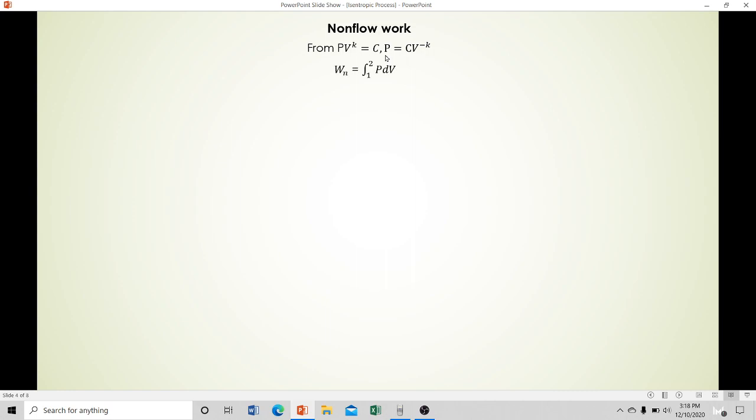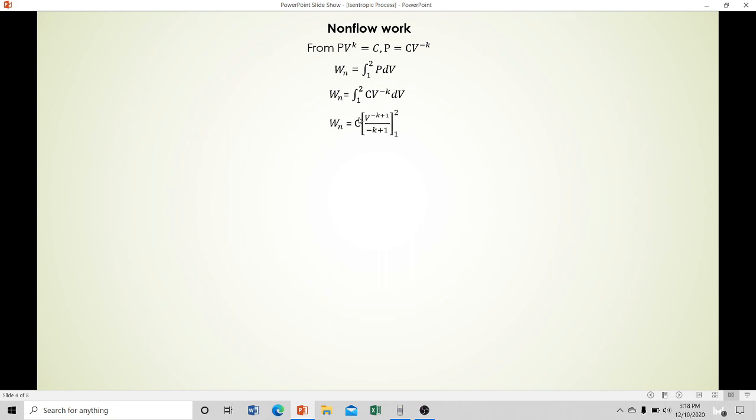Since the non-flow work is equal to the integration from process 2 to 1 of PdV, and P is equal to C times V raised to negative K, we substitute this equation, giving C times V raised to negative K times dV.